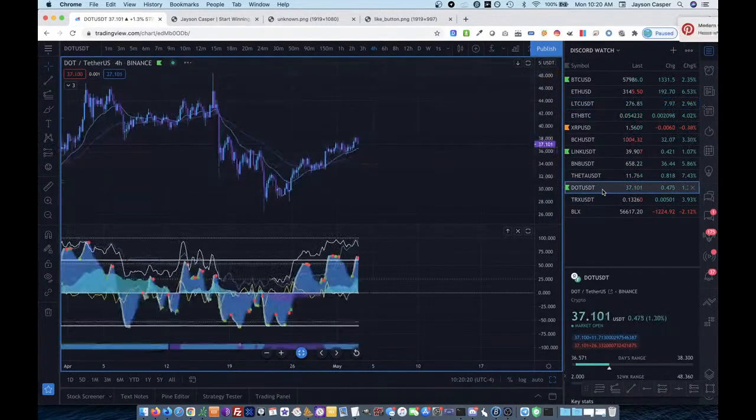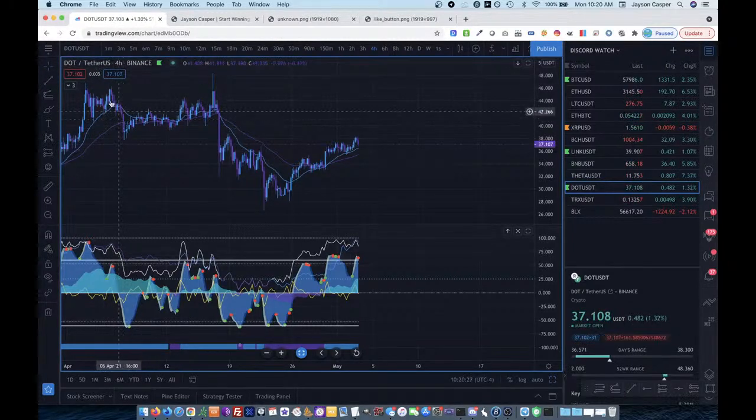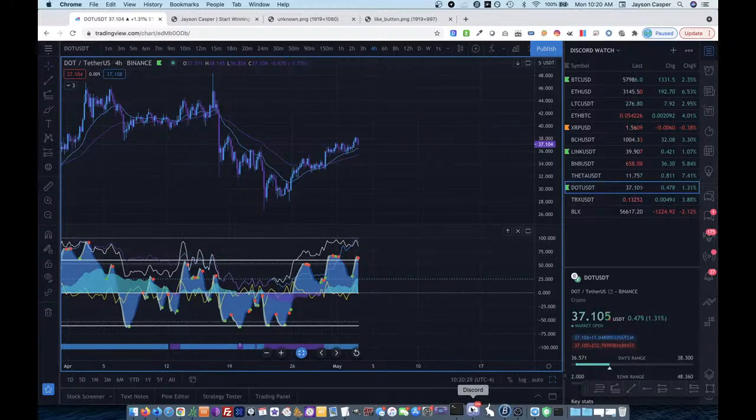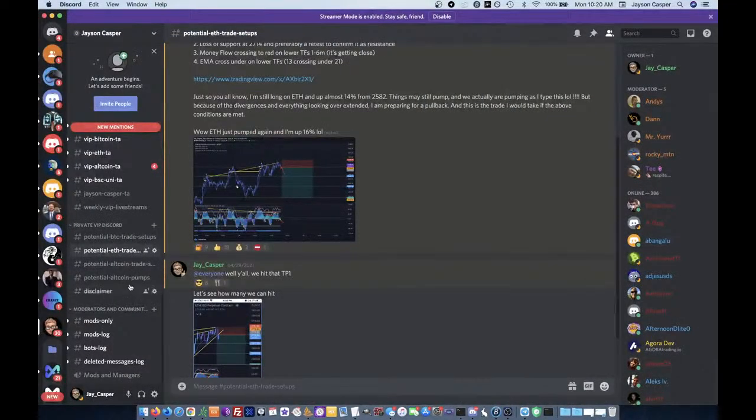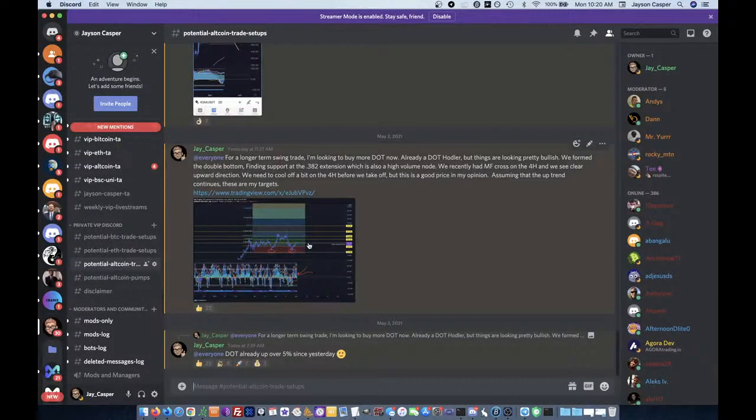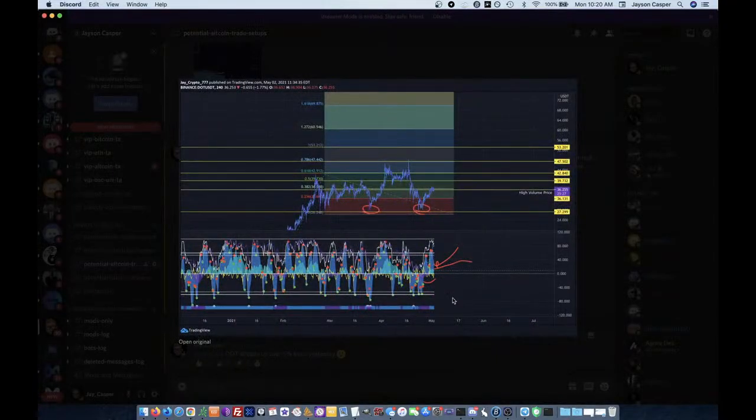I'm bullish on Polkadot. I'm a big fan of Polkadot because, first of all, I love polka dots. I think they're pleasing to the eye and aesthetic. I actually posted in the Discord here for potential altcoin trades. Polkadot, we were getting the upward momentum on the Market Cipher.